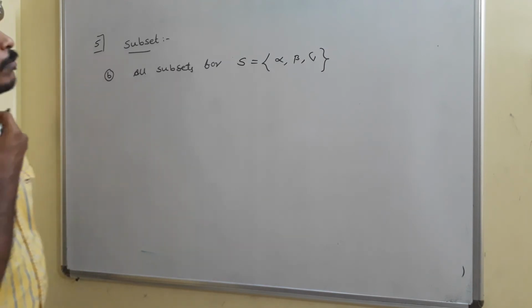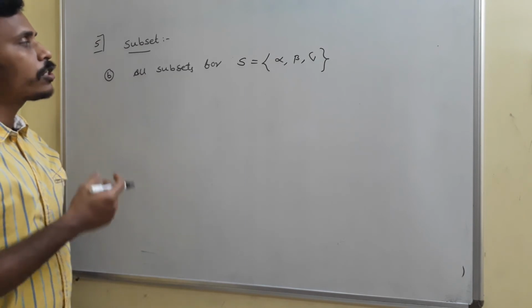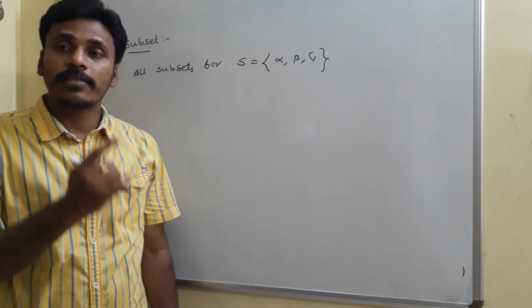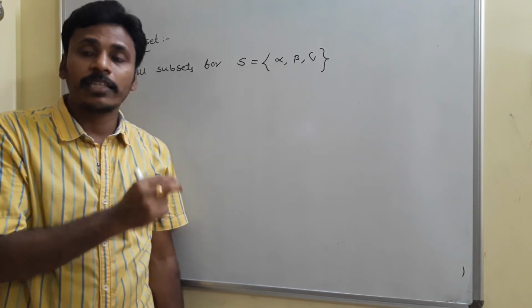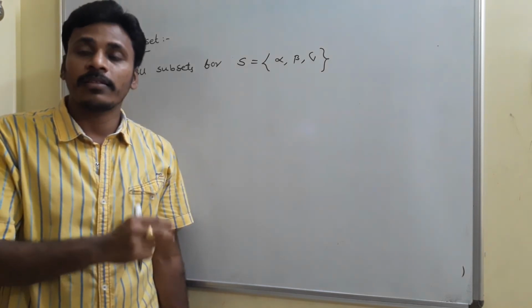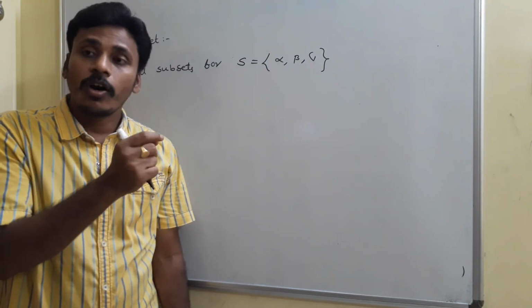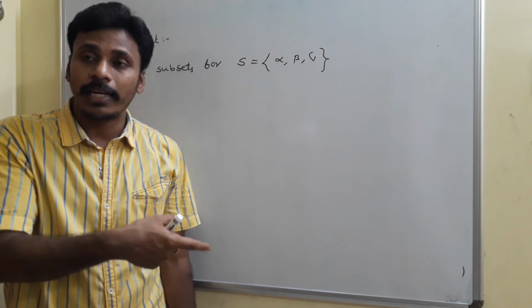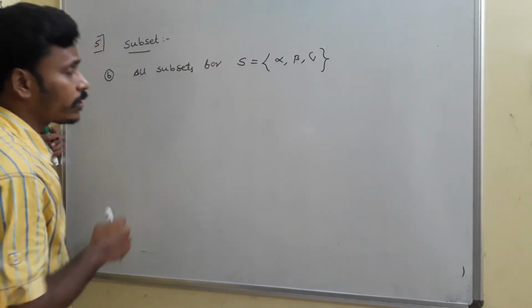I need to list out all the subsets of this S. A subset of S contains few elements of S. That means I need to write a set in which every element of that newly formed set must be in S. Then only we say that it is a subset.